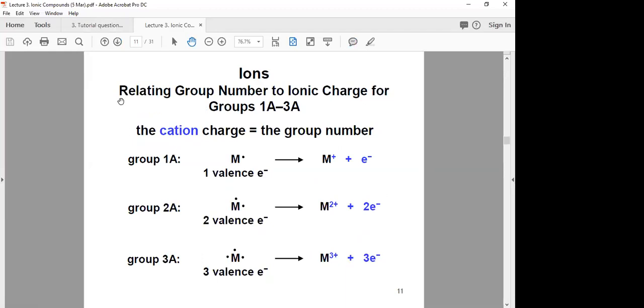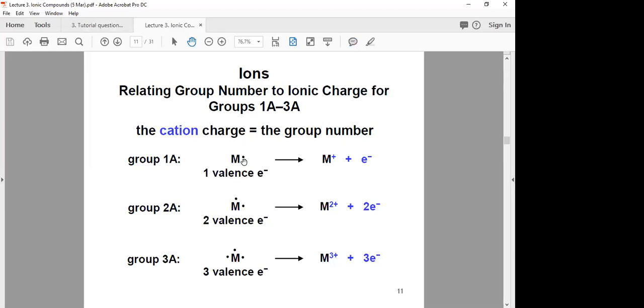All right, so let's start by relating group number to ionic charge for groups 1A to 3A, where the charge on the cation is simply equal to the group number on the periodic table. So group 1A elements, these are metals, and that's denoted here by the letter M. They're group 1A, so we know they have one valence electron.